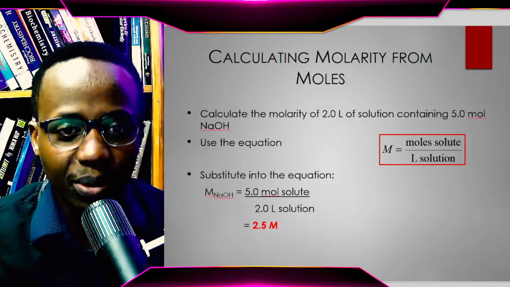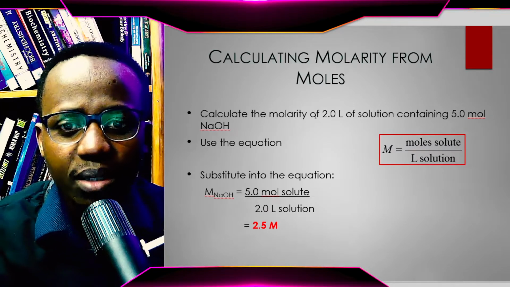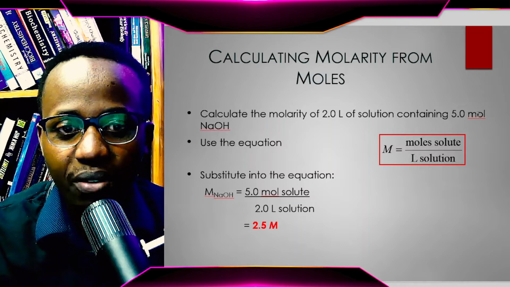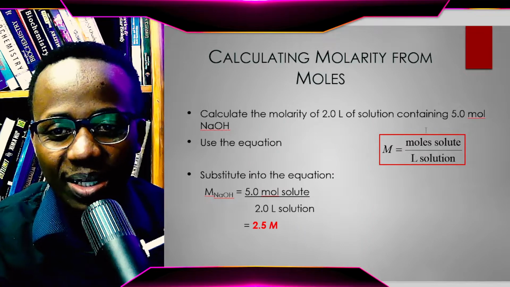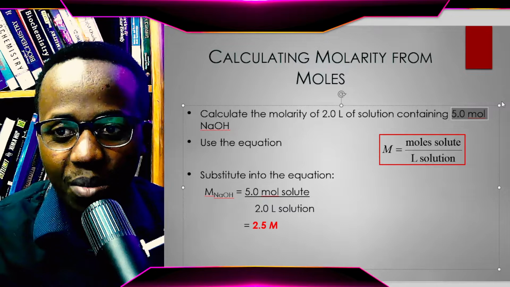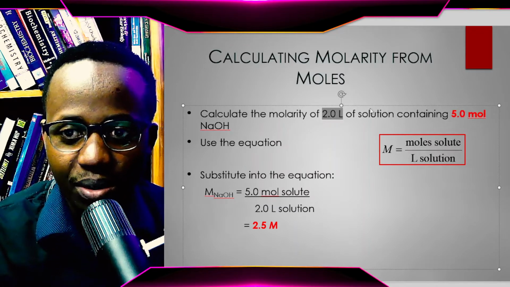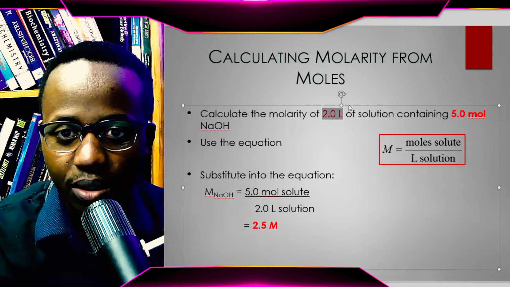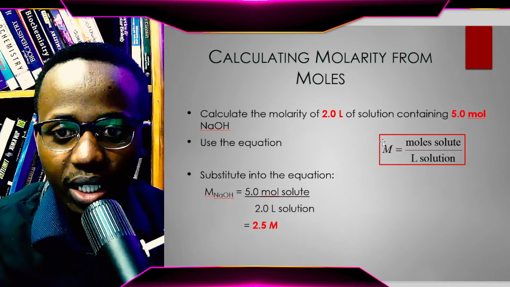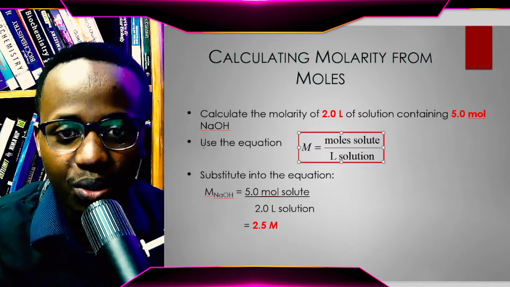So let's look at an example. Calculate the molarity of a 2-liter solution containing 5 moles. This one is easy, right? I gave you the moles, and then I gave you the liters, and then I asked you what's the concentration. Well, the molarity is moles over liters.